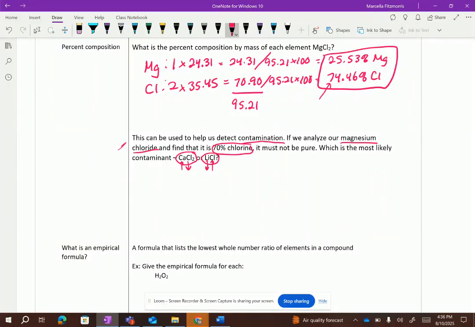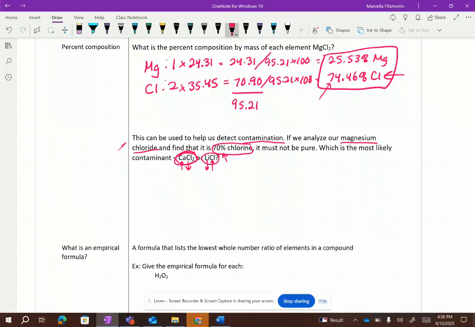Well, the Cl of pure magnesium chloride is 74%. Our contaminated one is 70%. So the chlorine's lower in our contamination, pointing me to CaCl2 as the contaminant because the Cl is lower percentage in this one.